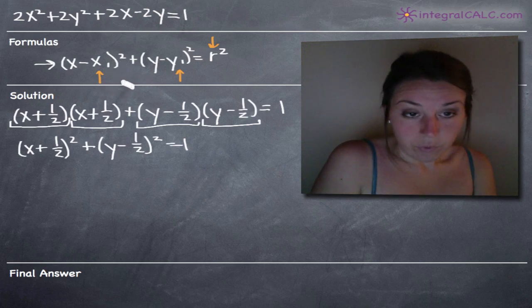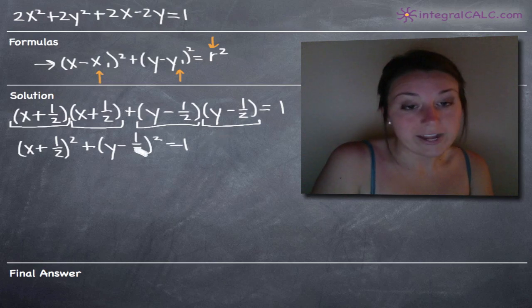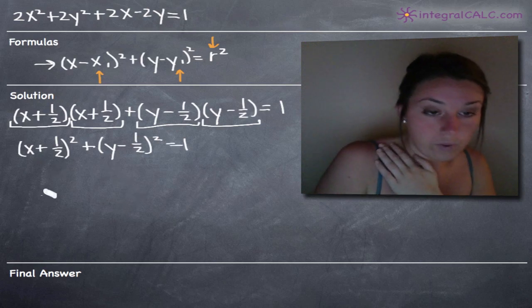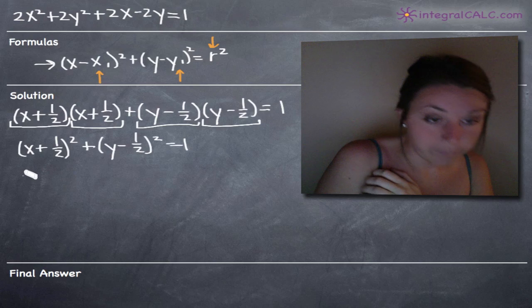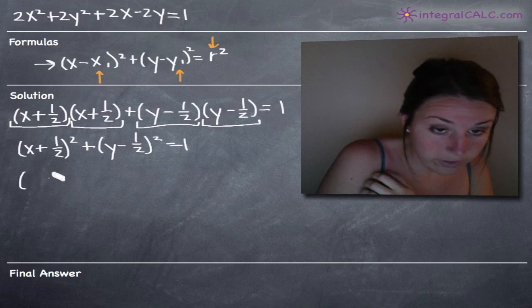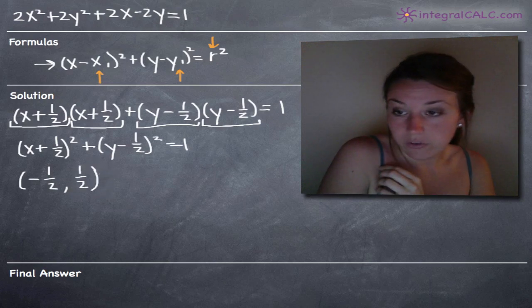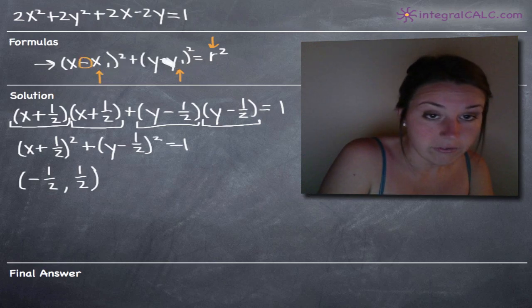We can therefore grab the coordinates of the center of the circle and the radius from our equation as is. So the center we know to be x sub 1, y sub 1. So our center is going to be at negative 1/2, positive 1/2. And the reason is that it's extremely important to remember that in our formula, we've got negatives right here.